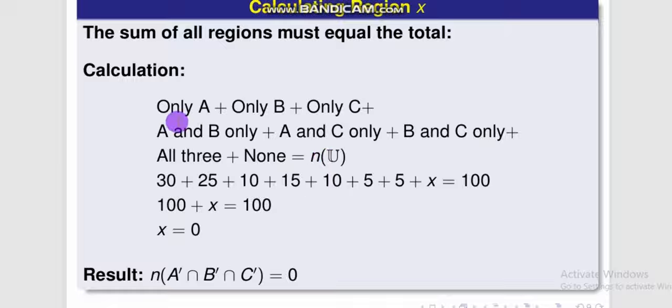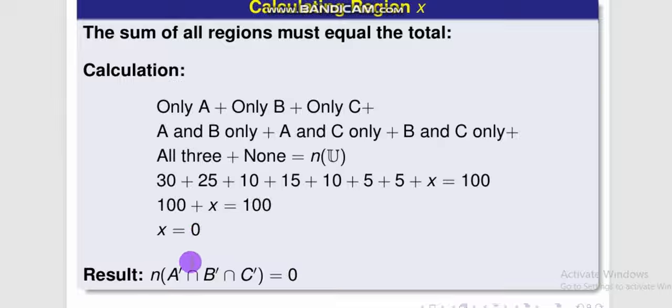These are all the numbers that we got previously, plus x is equal to 100. 30 plus 25, 55, plus 10, 65, plus 15, 80, then plus 10, 90, plus 5, 95, plus 5, 100. So you have 100 plus x is equal to 100. So your x will be 0 because 100 minus 100 gives you 0.